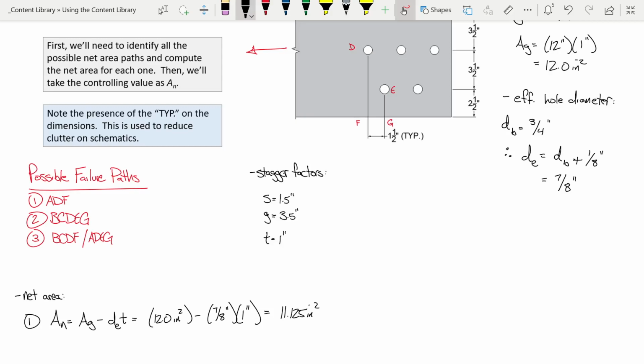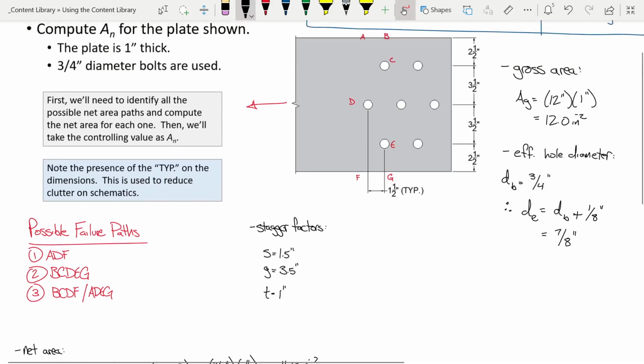Now what about this second path? Okay, this second path is BCDEG. So for BCDEG, how many bolt holes am I going to subtract? Now are we going to add stagger factors for that path? How many are we going to add? That's exactly right. Does that make sense?